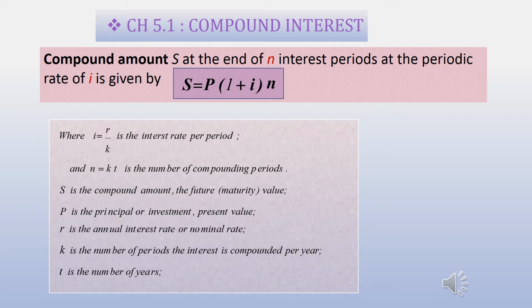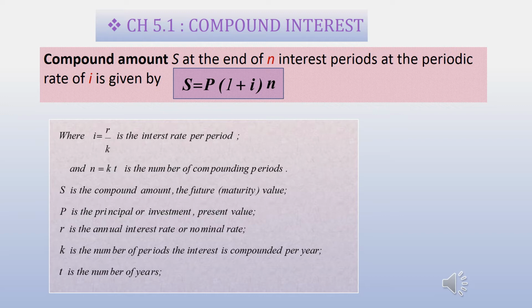So here is the definition of the variables. I is equal to R over K and N is equal to K multiplied with T. R is the annual interest rate or nominal rate per year, so it means the rate per year. K is the number of periods the interest is compounded per year.